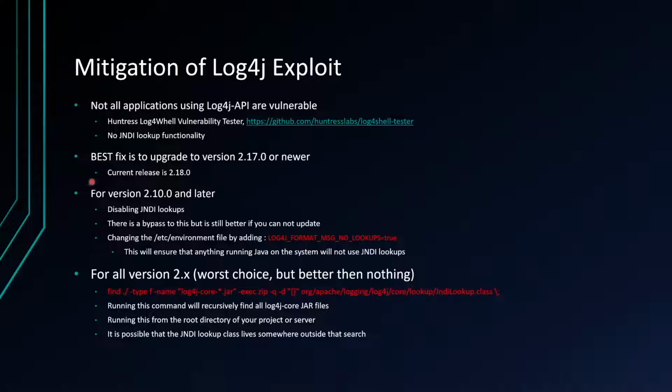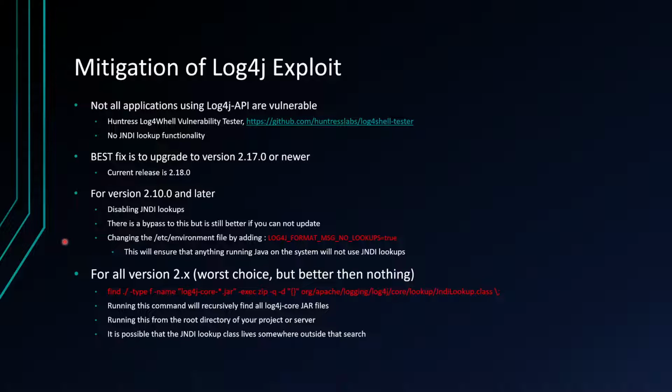The current release is 2.18. For versions 2.1 and later, if you aren't able to upgrade for whatever reason, you can go in and disable JNDI lookups. There is a bypass to this, but it's still better than not updating at all. You could do that for a single application, or you could go into your etc environment file and add this single line, and this will ensure that anything running Java on the system will not use JNDI lookups.